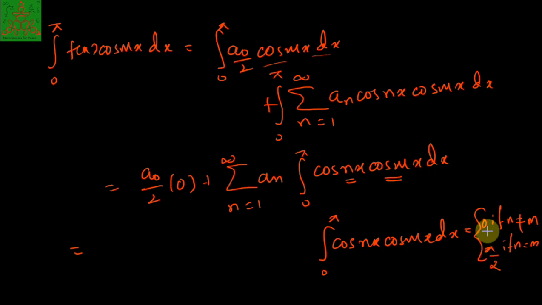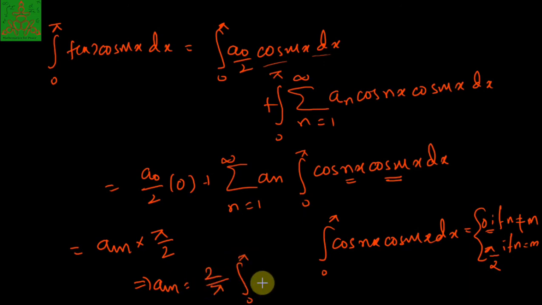Otherwise it will be 0, as we have seen. That's why what is left is am into pi by 2. So finally you will have an, which is 2 by pi integration 0 to pi f of x cos mx dx, and this is true for any m from 1 to infinity. So hence we have an, and we complete our proof of the theorem.